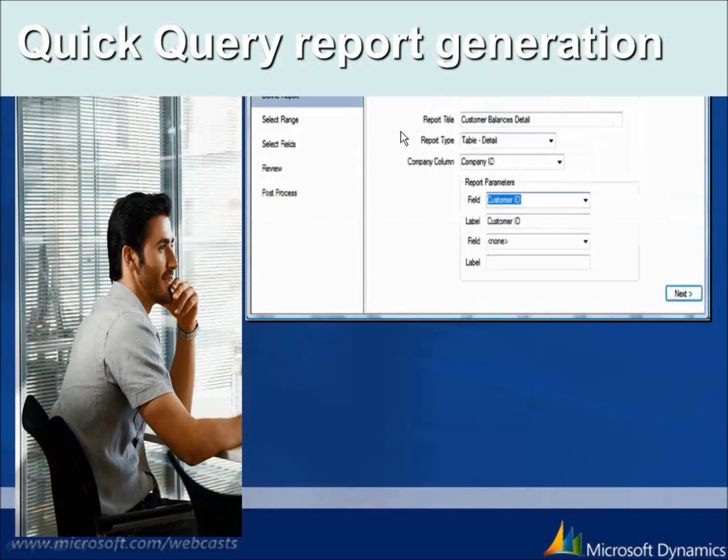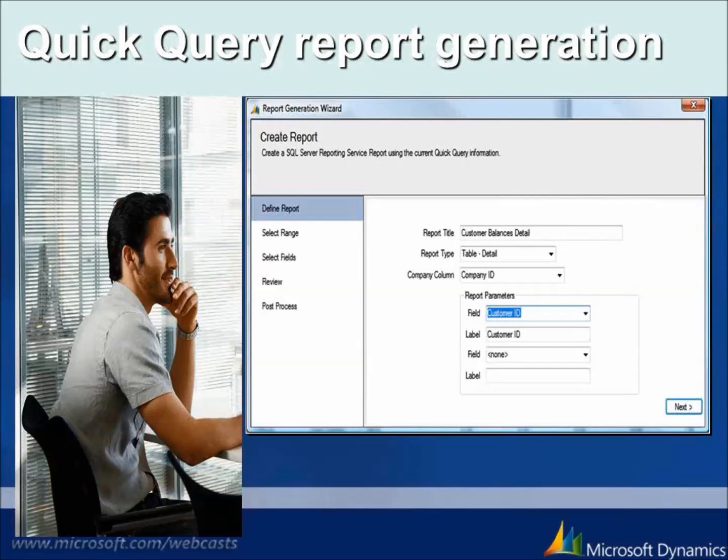If I click on that, it's going to take me to a report generation wizard, which if you've seen any of the Feature Pack 1 demos, you've seen this a lot. But basically what it allows me to do is start from scratch and start building the detail report, build the summary report, and build the graphic report, all by using an interactive wizard, which I don't really have to know too much about.